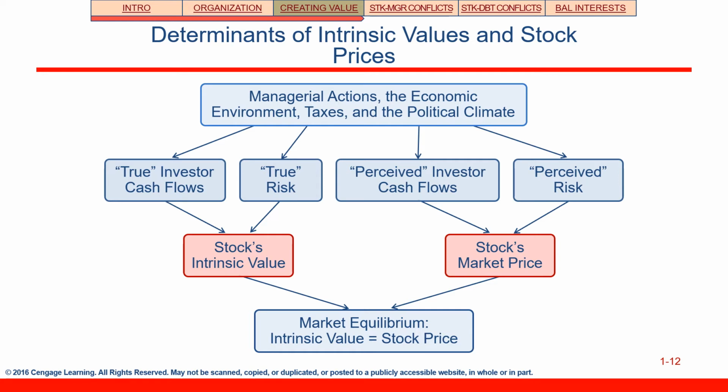The true investor cash flow will also affect the true risk, and the perceived investor cash flow affects the perceived risk. The perceived investor cash flow and the perceived risk will affect the stock market price, while the true investor cash flow and the true risk will affect the stock intrinsic value. And of course, when it is in equilibrium, the intrinsic value and the stock price must be equal.